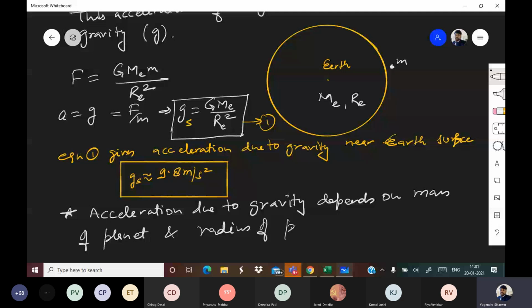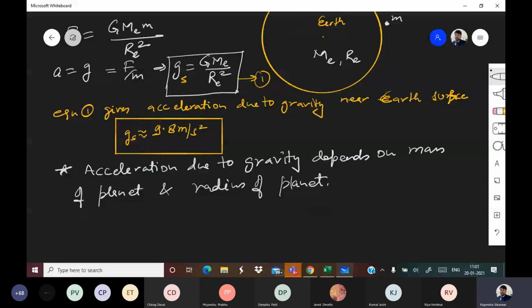So by using the word planet, we have made it general for any planet, right? If you would have said Earth, you could have said, sir, what about Saturn? What about Jupiter? So acceleration due to gravity depends on mass of planet and radius of planet.